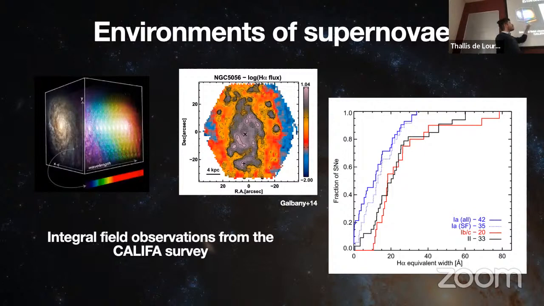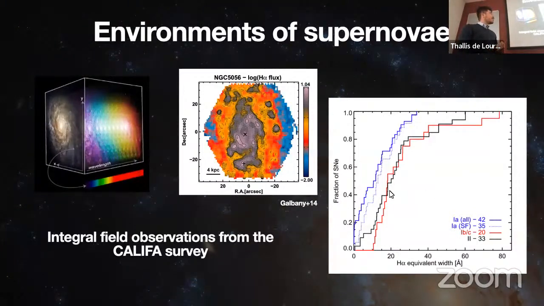So here I'm showing one image of the H alpha flux of this galaxy, and this plot shows one of their results. This plot is a cumulative distribution, so it's like a normalized histogram. And what is important to see here is the values of that physical parameter at the supernova position. Here they are showing the H alpha equivalent width for these different supernova types.